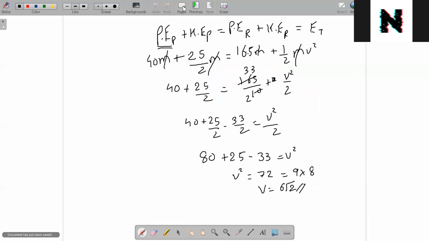Now I'm giving another question. I want you guys to note this down. It is a 2 to 3 line question.